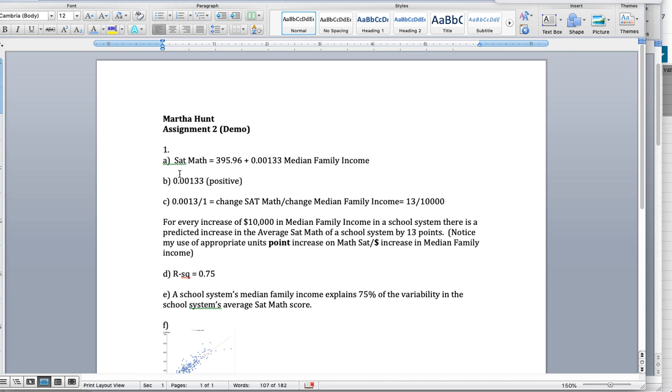So, what part of the studied variable, what part of the math SAT score does median family income explain? A school's, and this is not individual children, a school system's median family income explains about 75% of the variability in the studied variable, which is the school system's average math SAT score.